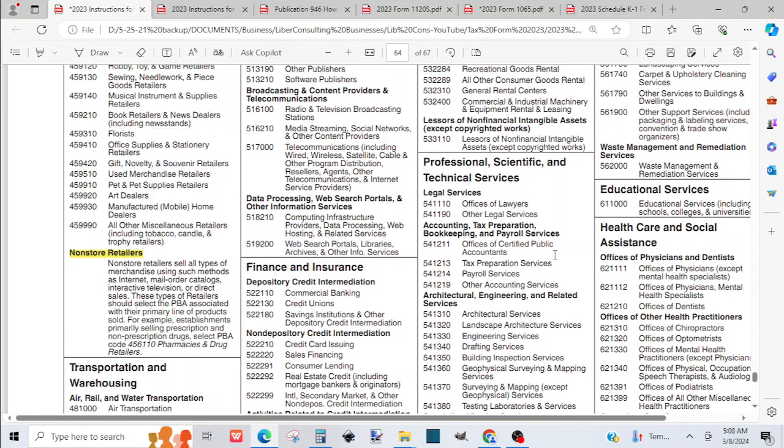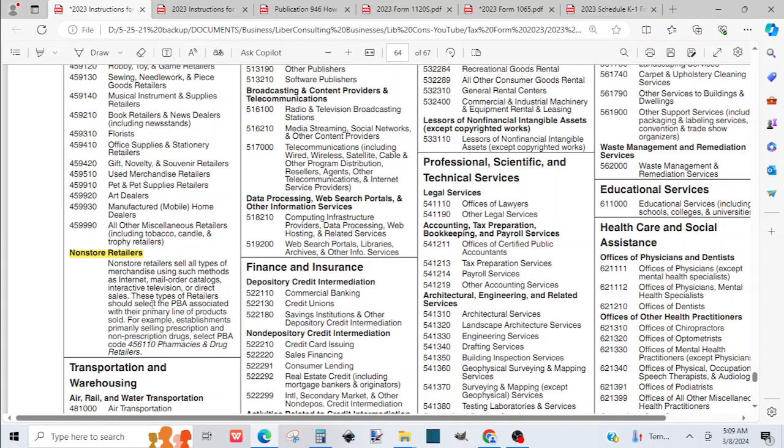So we'll go look for the retailer section to see what we are going to find. And non-store retailers sell all types of merchandise using such methods as the internet. So if you sell online, you'll fit that criteria.